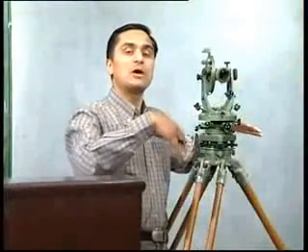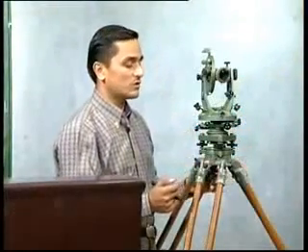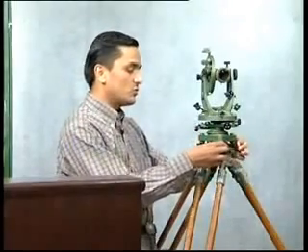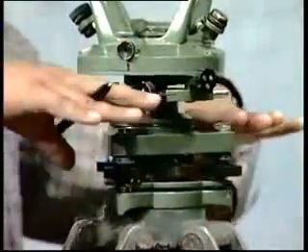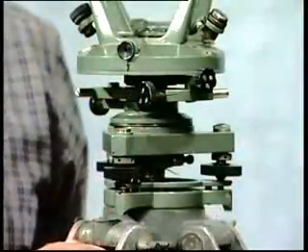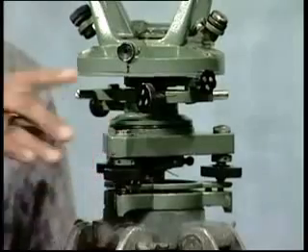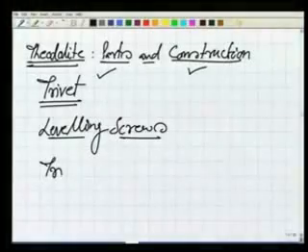What is the use of that? Why do we do it? We will see all these things later on. But these leveling screws can be rotated in order to raise or lower the instrument, or to change the leveling of the instrument. On top of that we have a plate that is called tribrach.